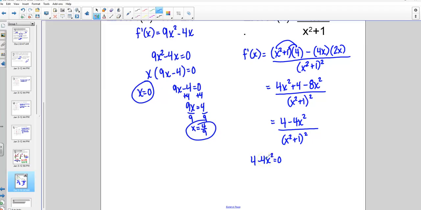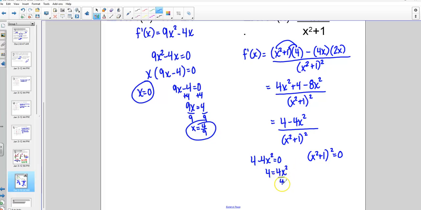And then for this to be undefined, the denominator would need to be equal to 0. So I'm also going to say x squared plus 1 squared equals 0. And I'll solve both of these. That's going to give me my critical numbers. So for the first one, I would move the 4x squared over and make it positive. So 4 equals 4x squared.